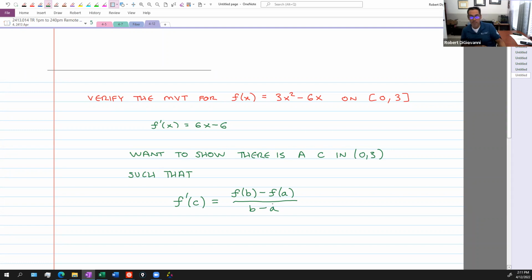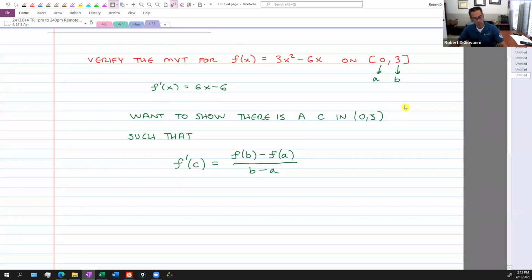Here, a and b are the two endpoints. So we really want to show that there's some value c where the derivative is equal to f of 3 minus f of 0 over 3 minus 0.